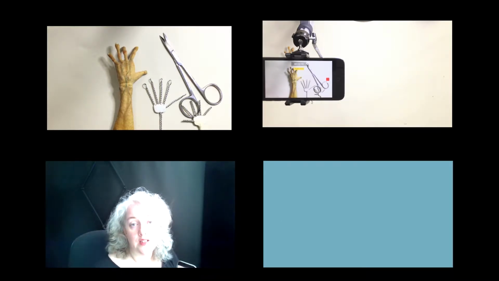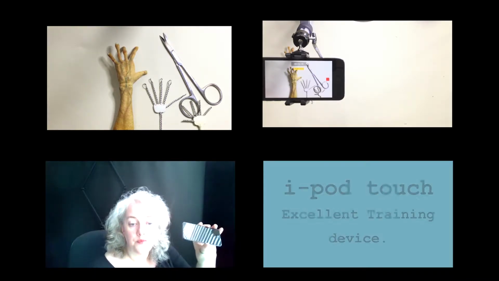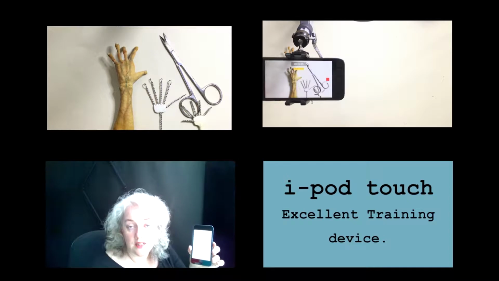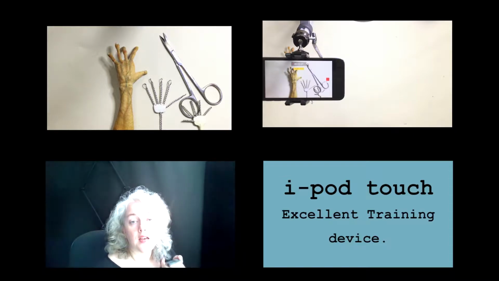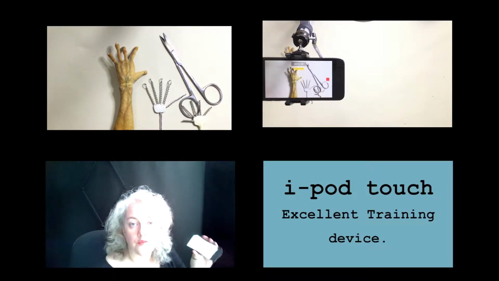You could just as easily be doing this particular activity using one of these. So this is an iPod Touch, and these are about £150. I work within a TEL team in ACE, and we have a couple of these that are particularly aimed at loaning out to staff members who are TEL curious and getting them to just play around and get comfortable and confident.